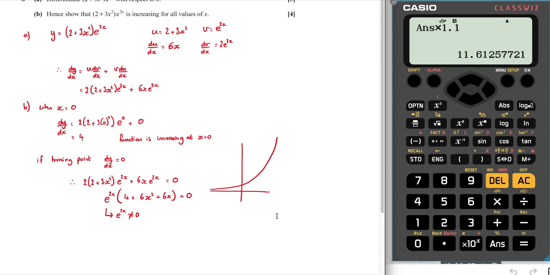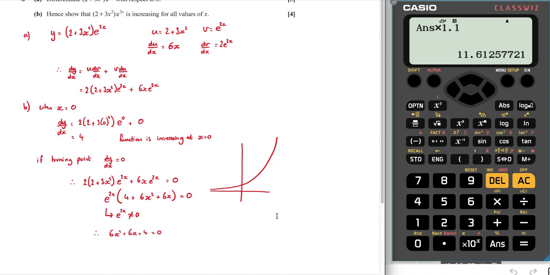So we can then have a look at this. What's turned out to be a quadratic, so therefore 6x squared plus 6x plus 4 is equal to 0. I want to show that it doesn't equal 0, so I'm not going to sit there and do any solutions.